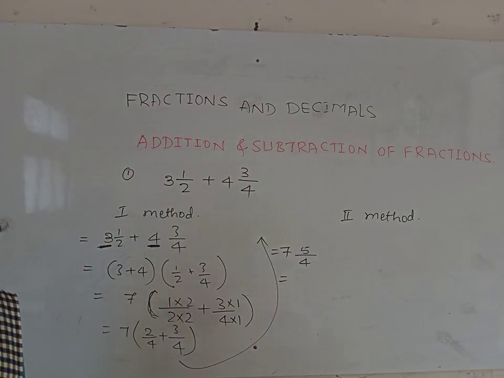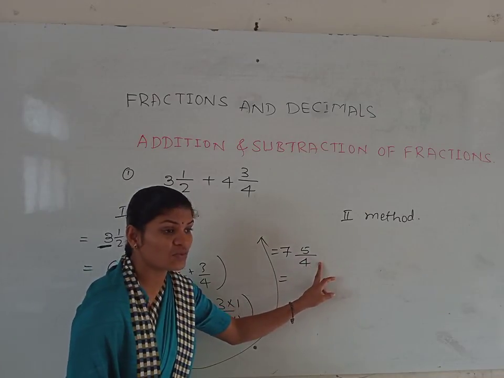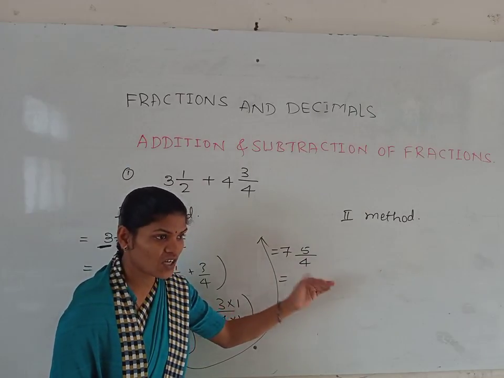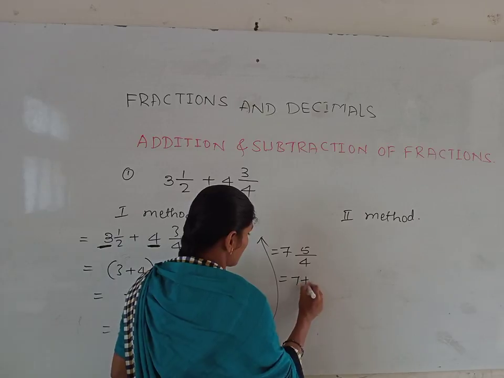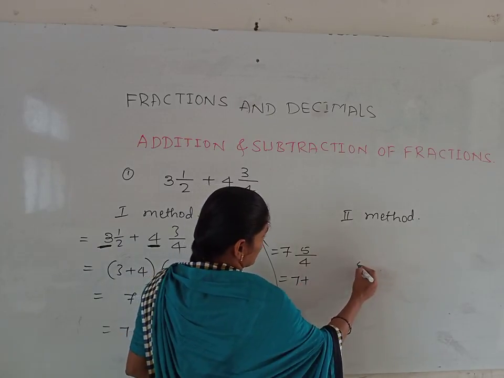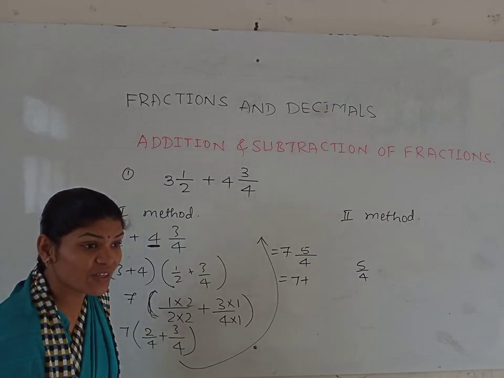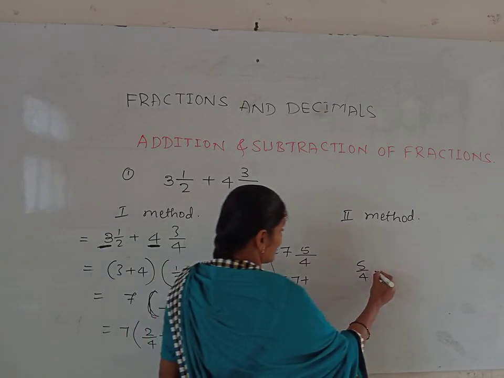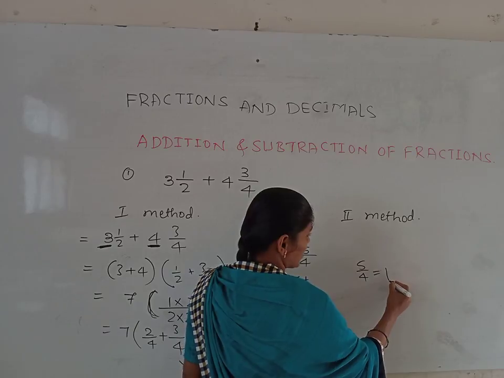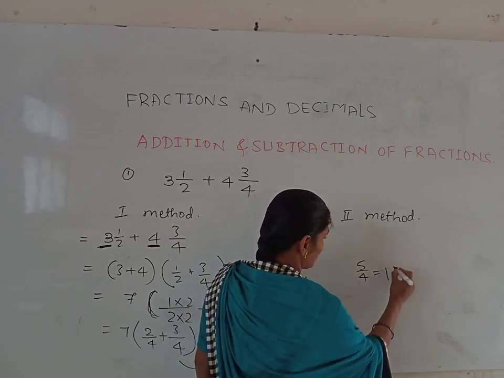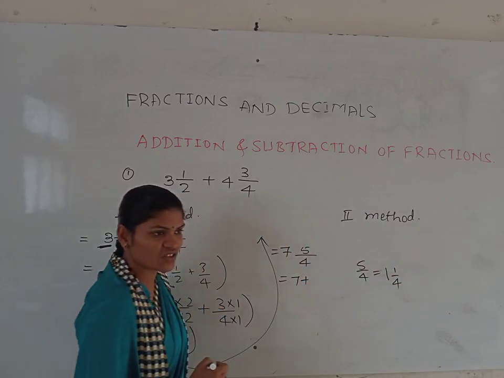While keeping a mixed fraction, the fraction should be proper, so convert it into proper. You can convert 5 by 4 into a mixed fraction by the division method. 4 1s are 4, the remainder is 1, so you can write it as 1 integer 1 by 4.